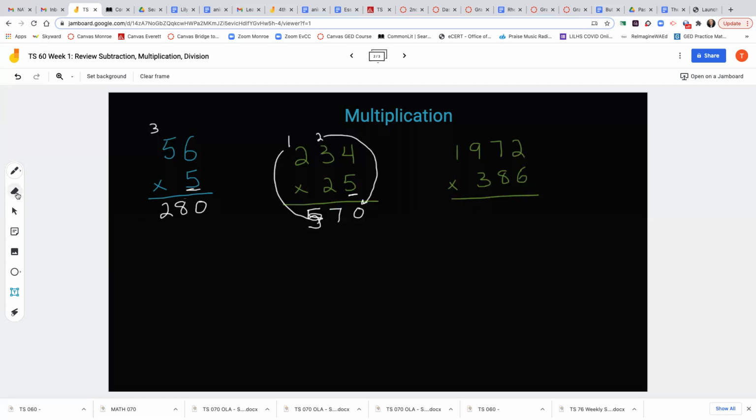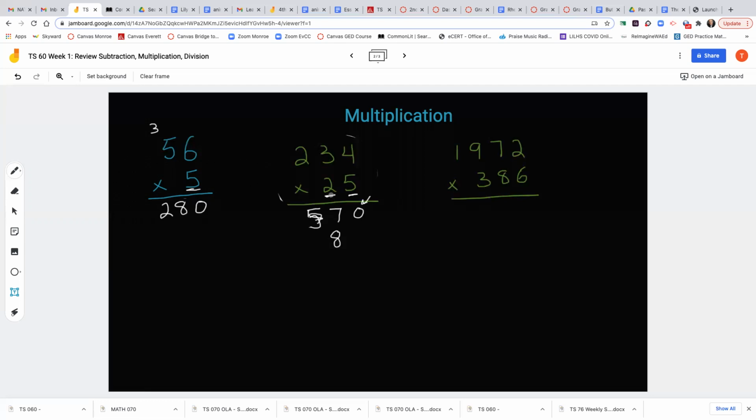Now I'm going to model this also. What I highly suggest is that you do math with pencil as much as possible, and you can erase these things on top, okay? So I'm going to jump back over here to the second row. I'm going to take this 2 here and multiply it by everything on top. 2 times 4 is 8. And I want you to notice very carefully, this is probably the most critical thing about long multiplication, where I put that second row of numbers, that 8 here.